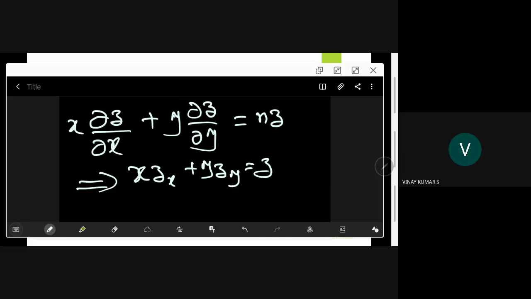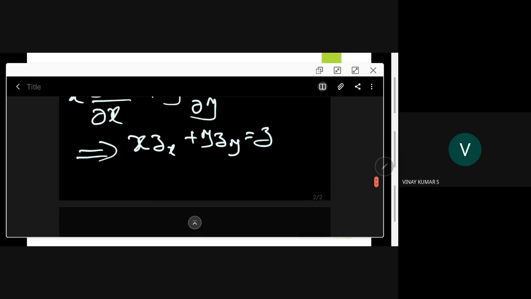But see, what is zx? Here I am applying the chain rule.